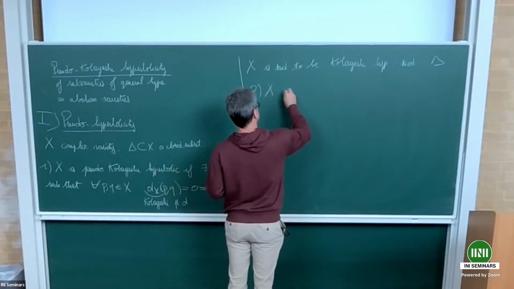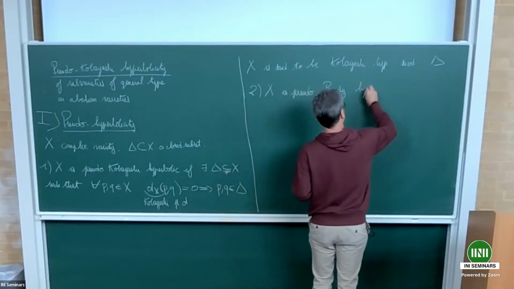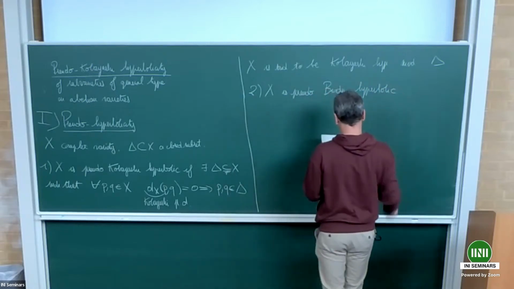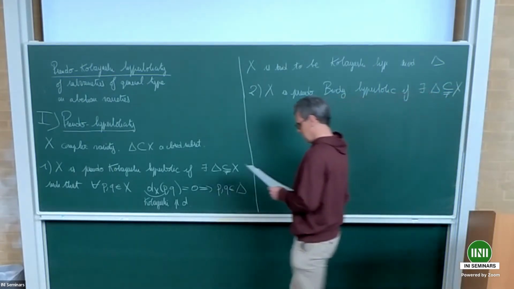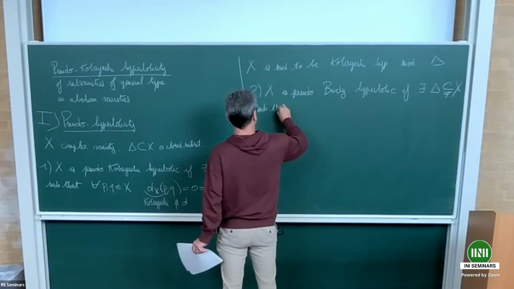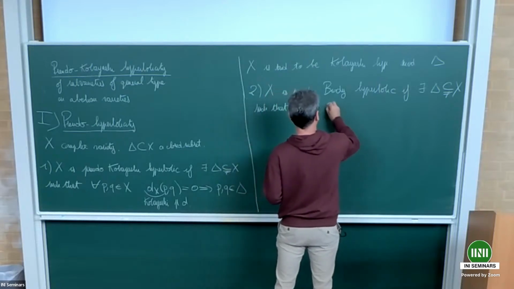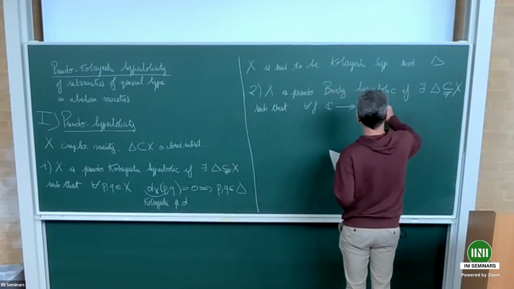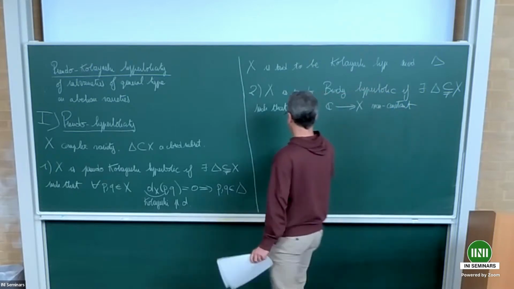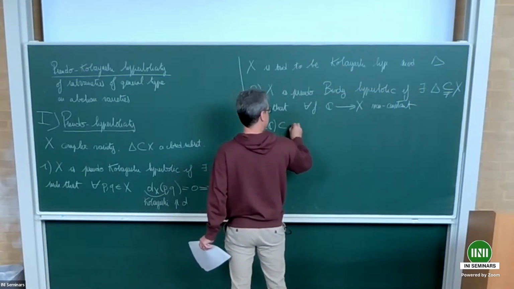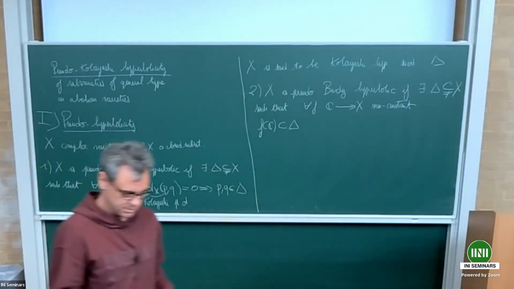So X is a pseudo Brody hyperbolic if, same thing, you can find a proper algebraic subset delta such that if you take any entire curve, so non-constant holomorphic map f from C to X, then the image of f has to lie inside delta.